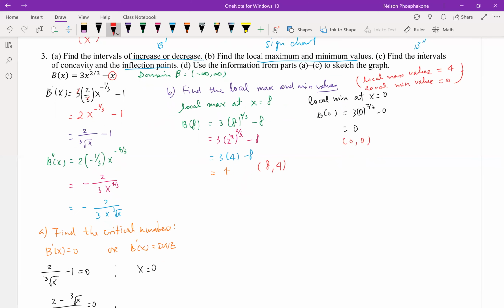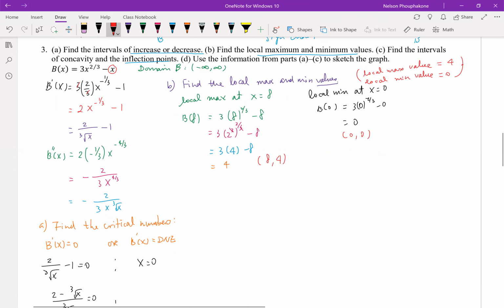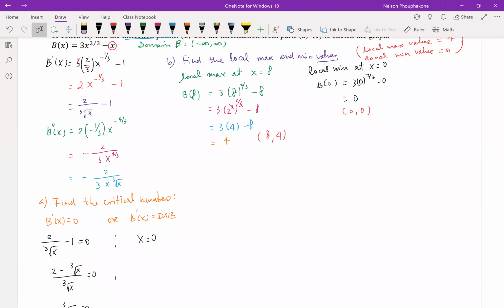Then C is find the interval of the concavity, and the inflection point, right?